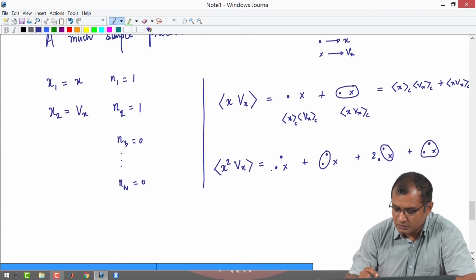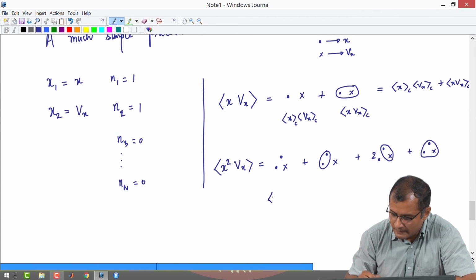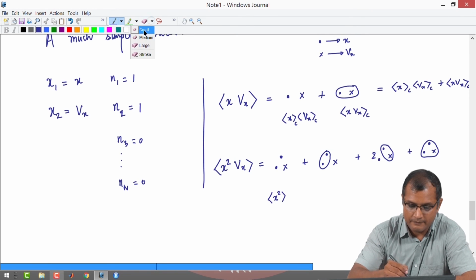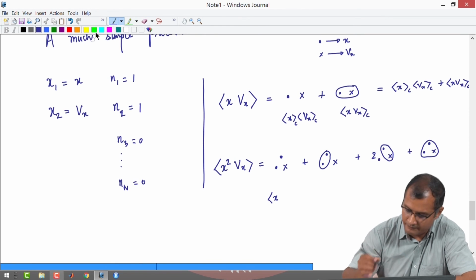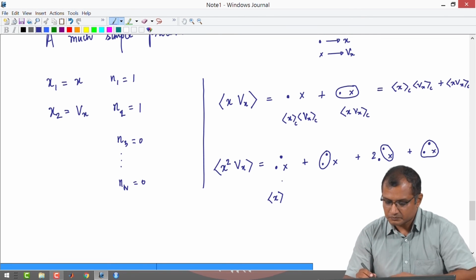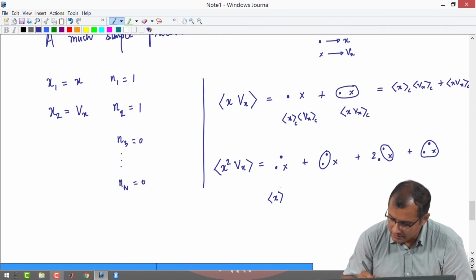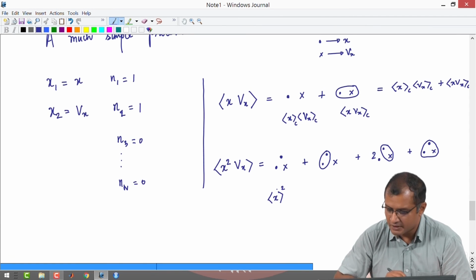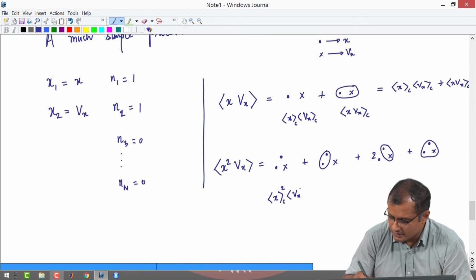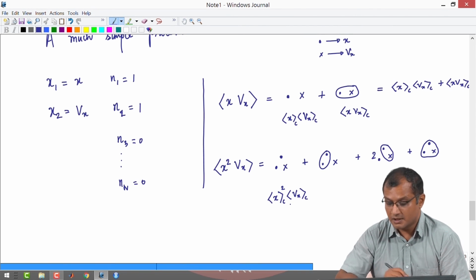Let's now write them down. Two disconnected dots is nothing but the square of the first moment of x, and I know that the moment itself is equivalent to the cumulant. Writing down for the cross, you just have the first cumulant of the velocity.